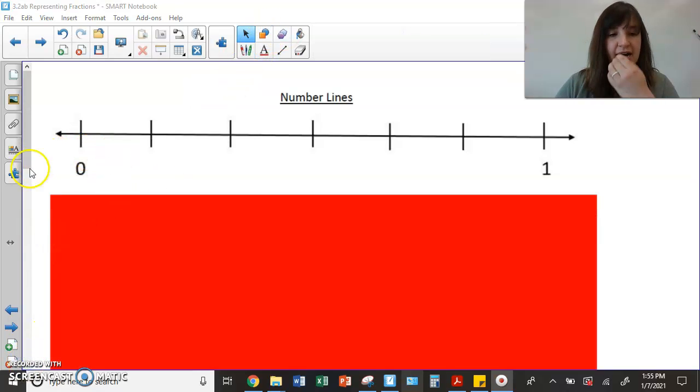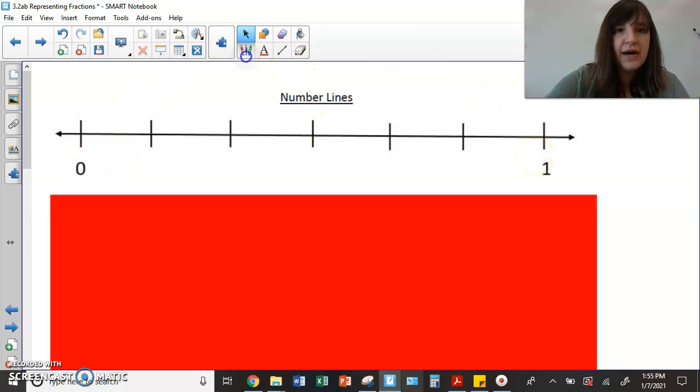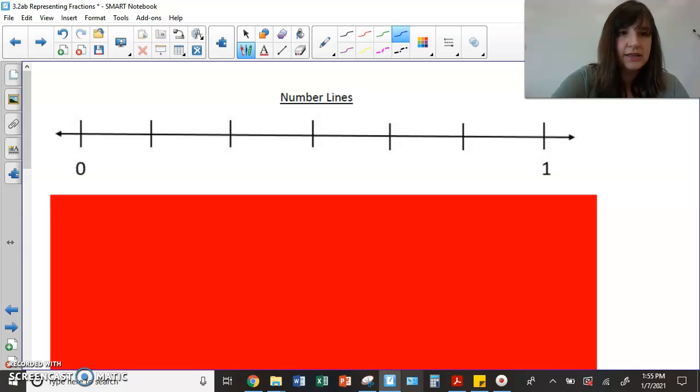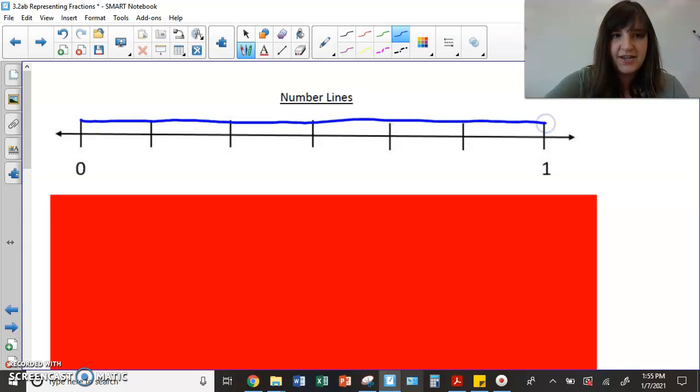All right, so when I am just looking at this number line, I see that this number line starts at 0 and it ends with the whole number 1. So everything in between is going to represent a value that's in between the numbers 0 and 1. So I'm going to go ahead and draw a line on top to connect these pieces and underneath.